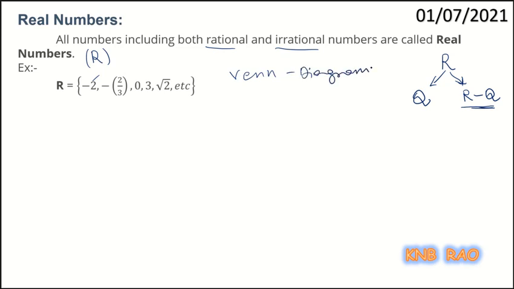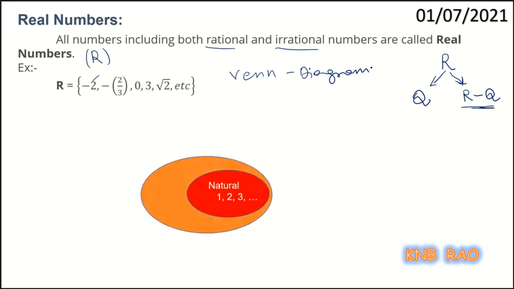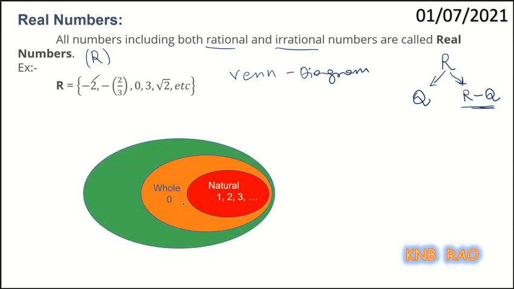for the real numbers. Here is a collection of natural numbers, and this collection of natural numbers is included in the collection of whole numbers, where all the natural numbers are part of whole numbers. Now, further, this whole numbers is included in the integers, where integers will have all the whole numbers as part of it.